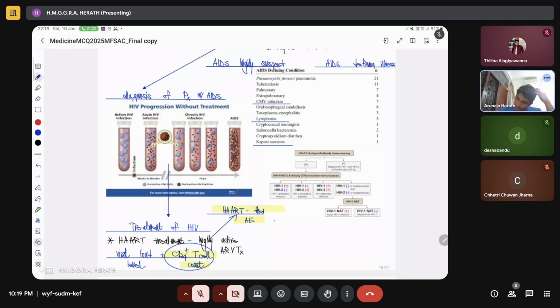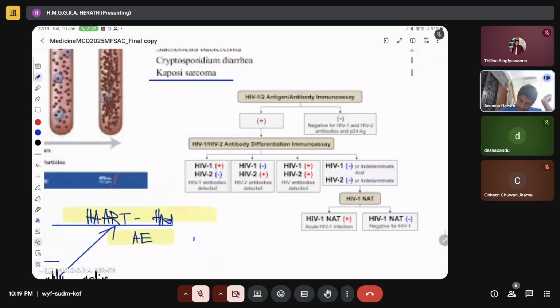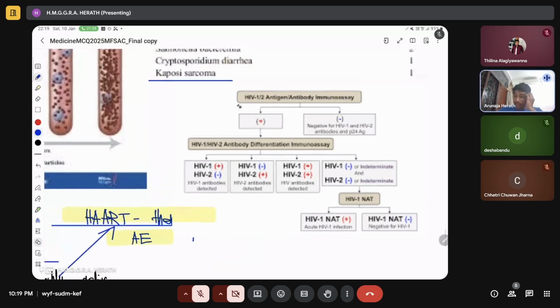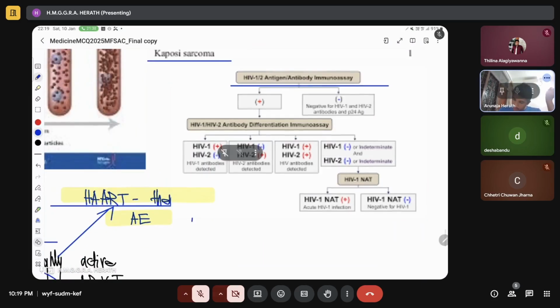So this is the HIV diagnostic algorithm. The first one we see is we check whether the antibody is there, and then antigen is also tested, right? Depending on the antibodies, we can identify whether the patient is having HIV or not, right?